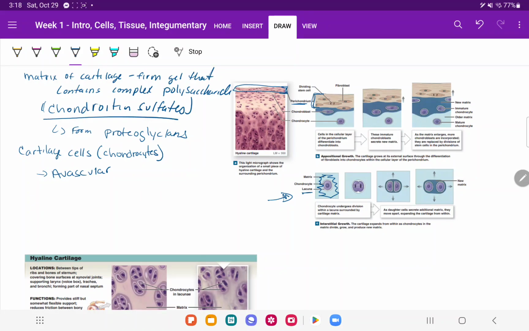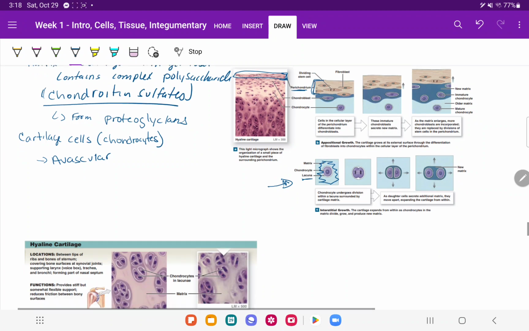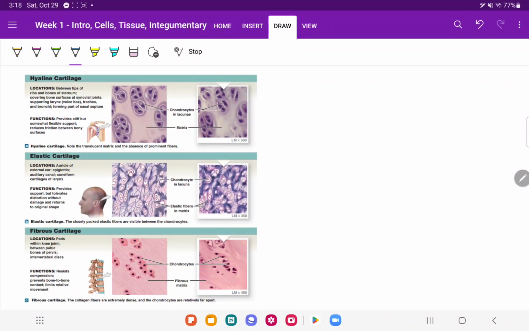Okay. But just know that the perichondrium has both a fibrous layer and a cellular layer. There are different types of cartilage, right? There's the hyaline cartilage, the most common type. Its matrix contains closely packed collagen fibers.